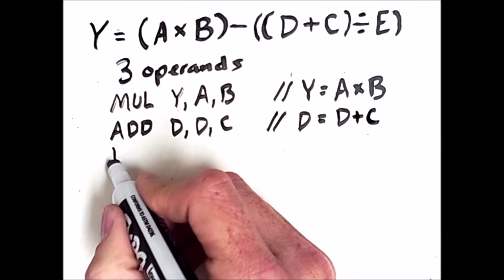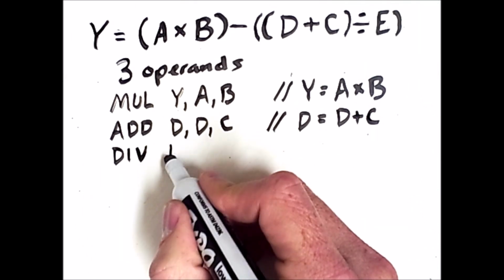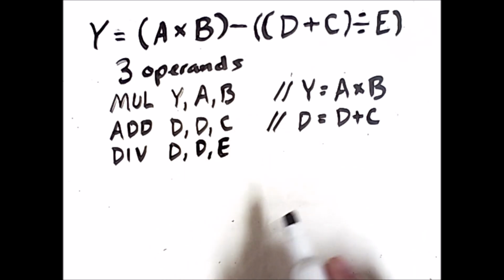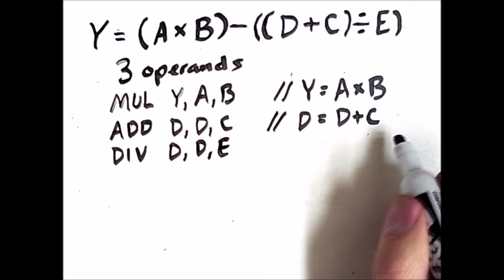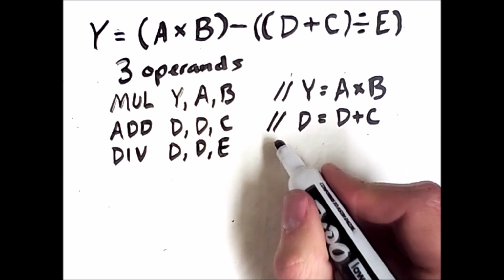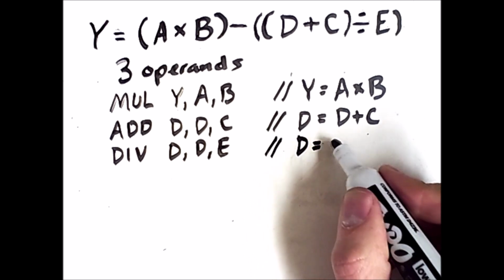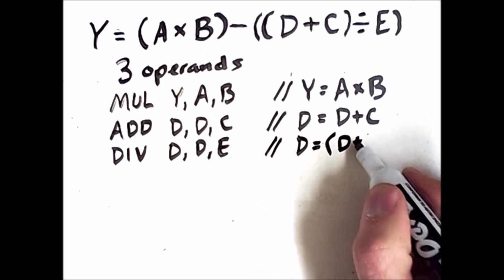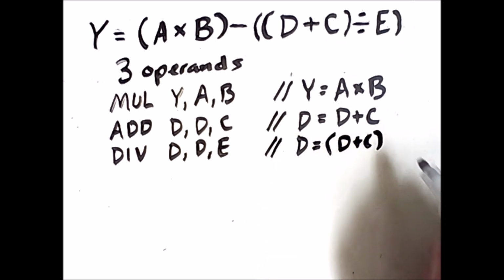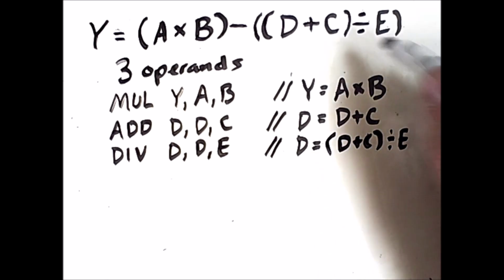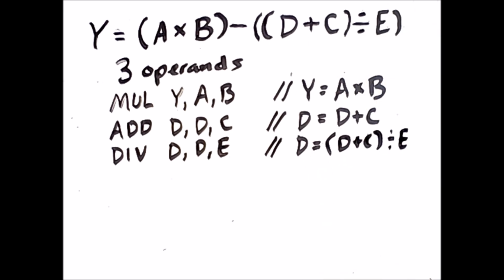Then I will do division, and I will also store that result in d. And note that because at this point d equals the original d plus c, after that operation d will be the result of d plus c quantity divided by e, which is this portion of the expression.